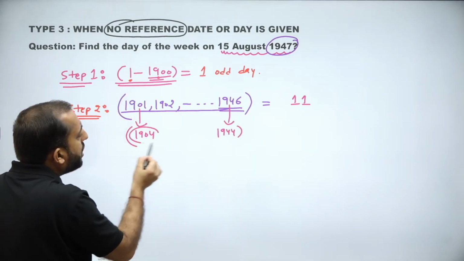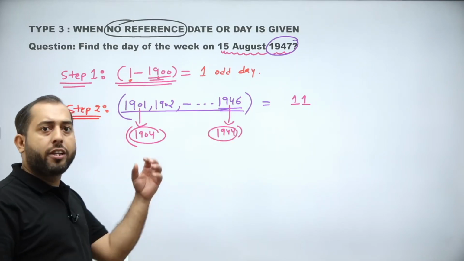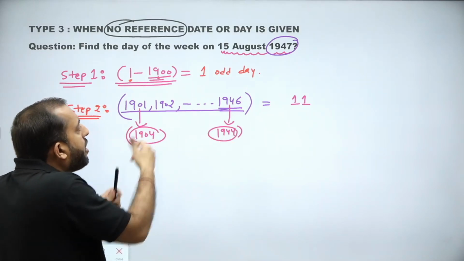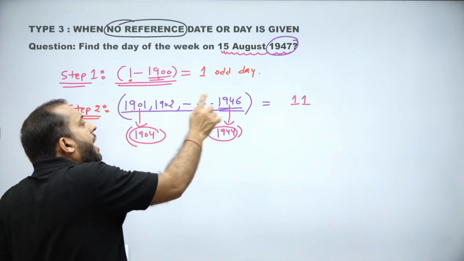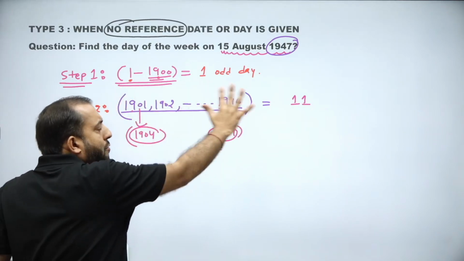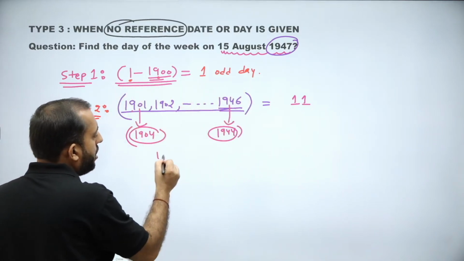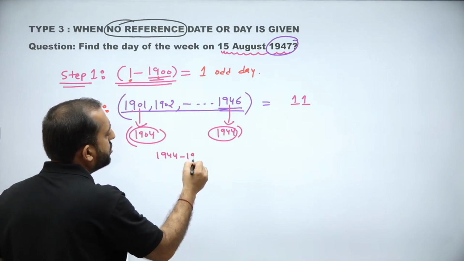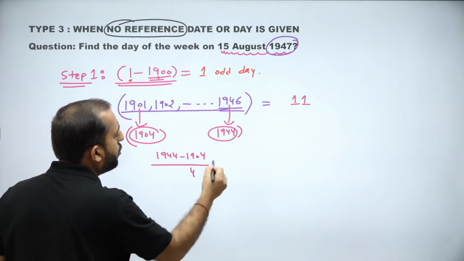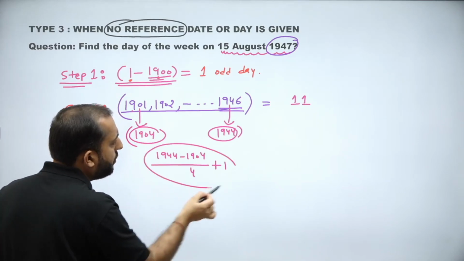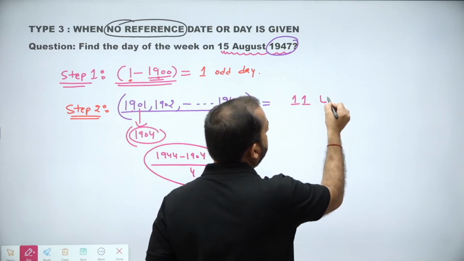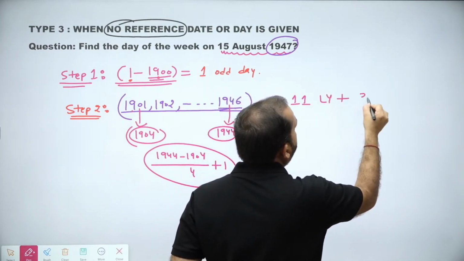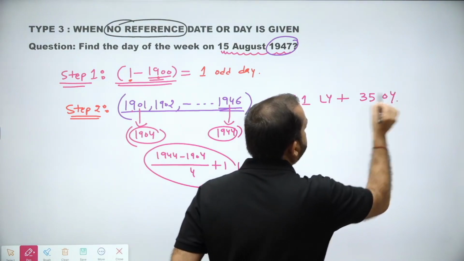To calculate the number of leap years for the given duration, we write down the nearest leap year from the first year and from the last year lying within the range. Now, last minus first upon 4 plus 1 gives 11. So in this duration, 11 leap years are there and the remaining 35 are ordinary years.